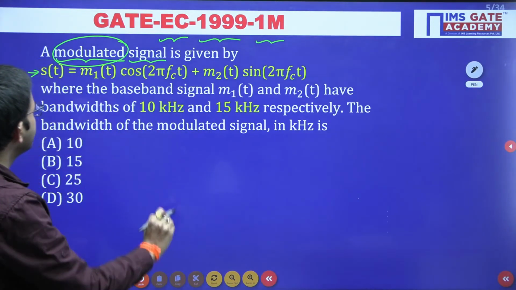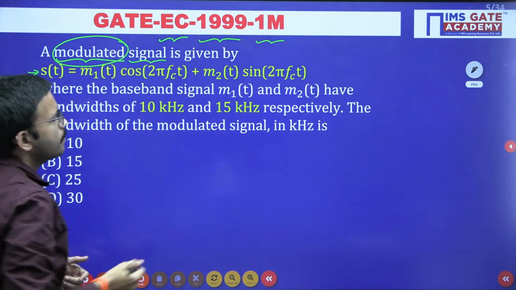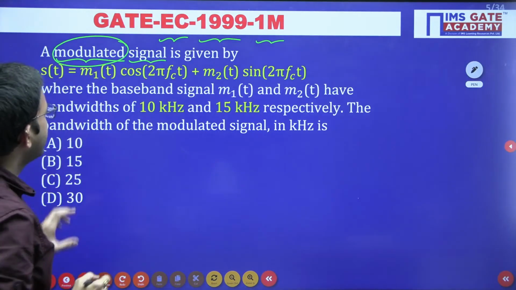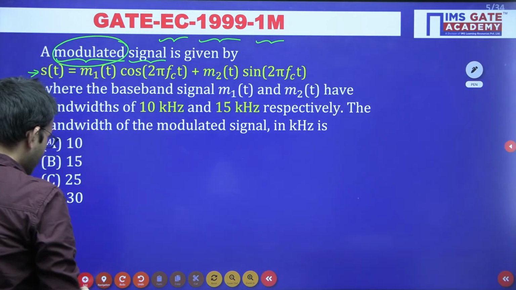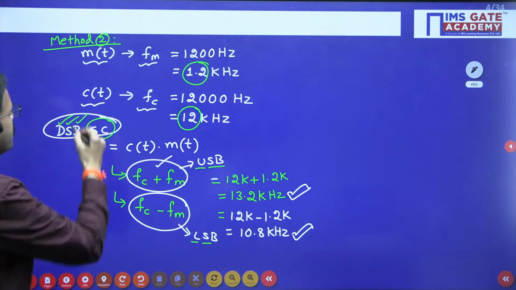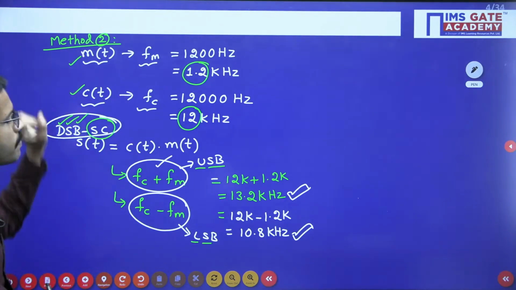Now just observe this signal. You have m1 of t cos 2 pi f ct plus m2 of t sin 2 pi f ct. Previously, regarding the DSB signal, we had the message signal and the carrier signal, and we just multiplied them, that's all.